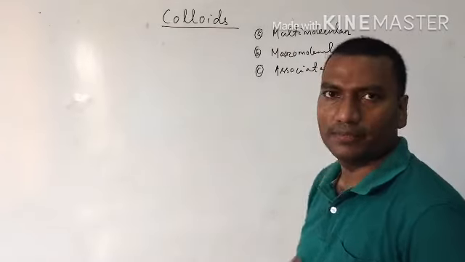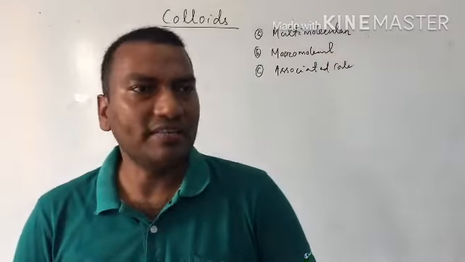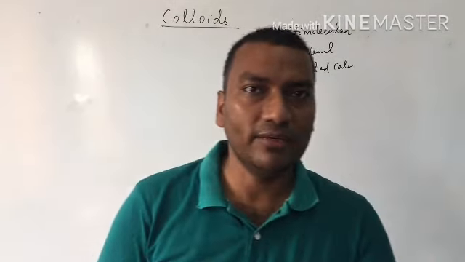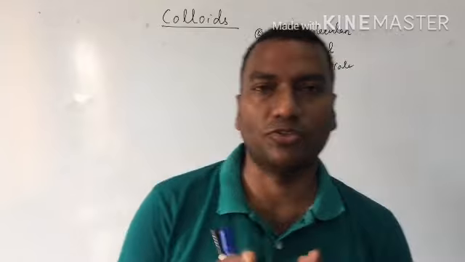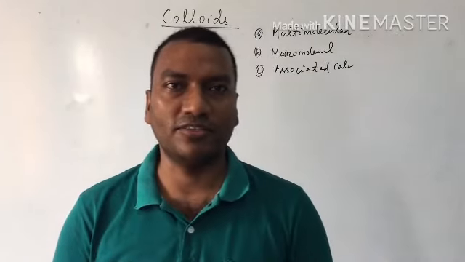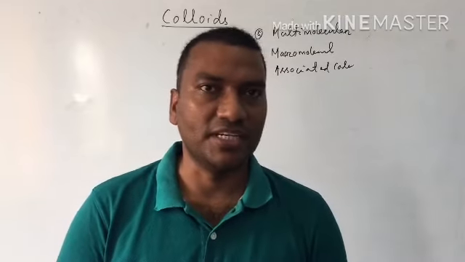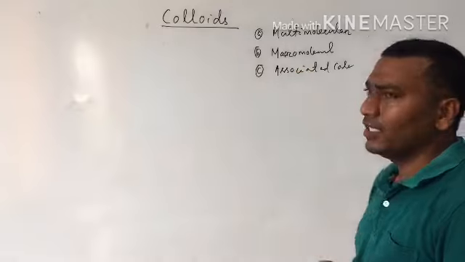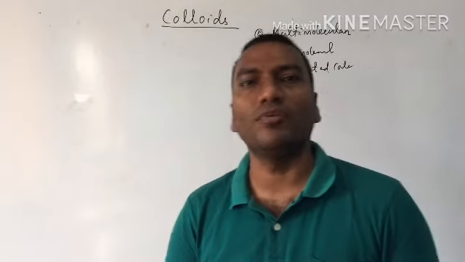What is the meaning of multimolecular, macromolecular, and associated colloid? Very, very important for board exams as well as NEET or JEE Main. Clear now? First, what is the meaning of multimolecular colloid?